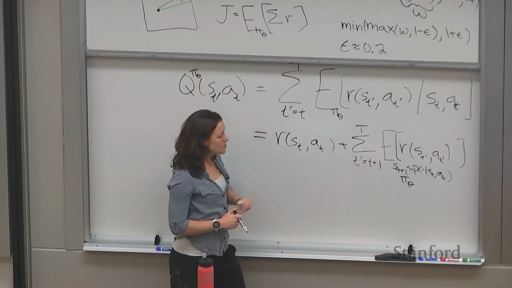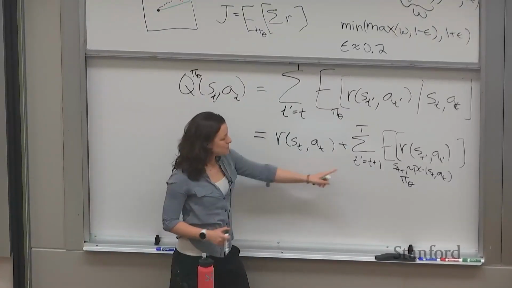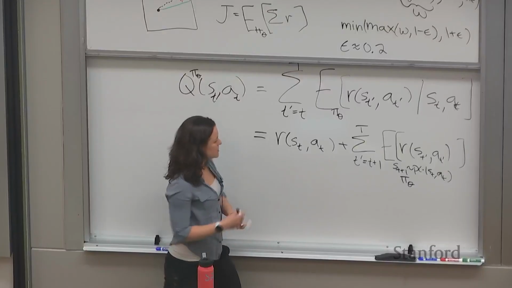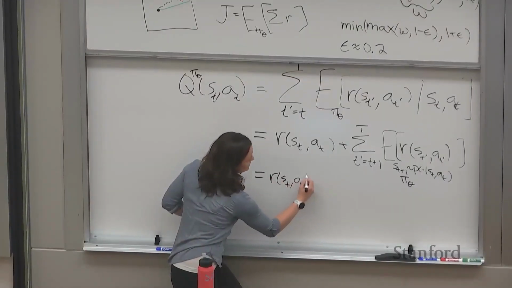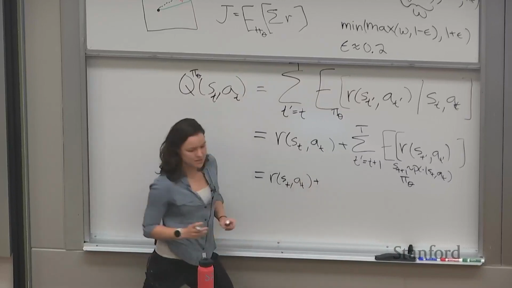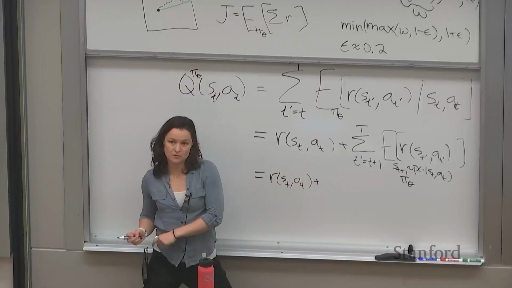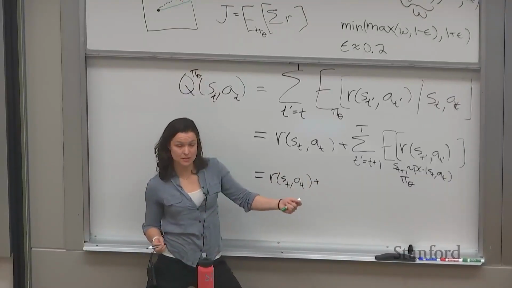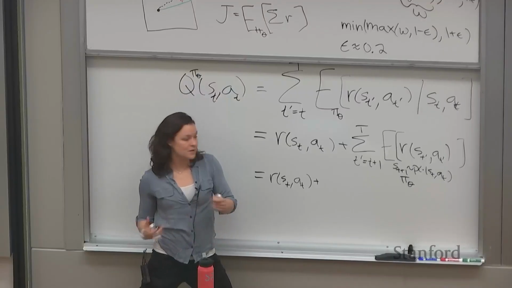And so you can also write this in terms of Q. In particular, this is equivalent to the reward at the current time step plus, if we take this one step further, ST plus 1 sampled from the dynamics and AT plus 1 sampled from our policy.